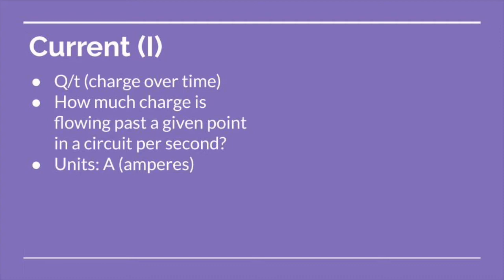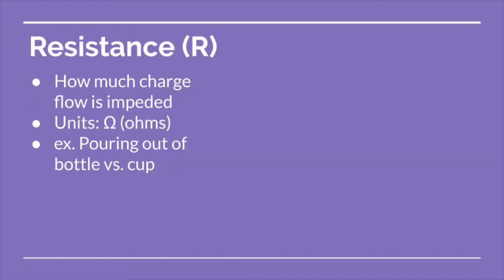Current, which we symbolize with capital I, is essentially just a measure of charge over time. So how much charge is flowing past a point in a given circuit per second. And then we think about resistance, capital R, as how much the charge flow is impeded. And the unit for resistance is ohms.